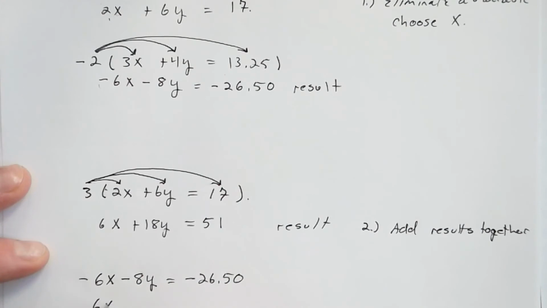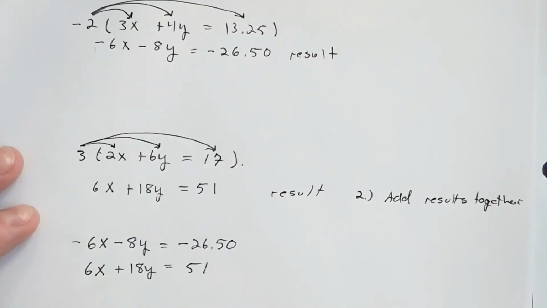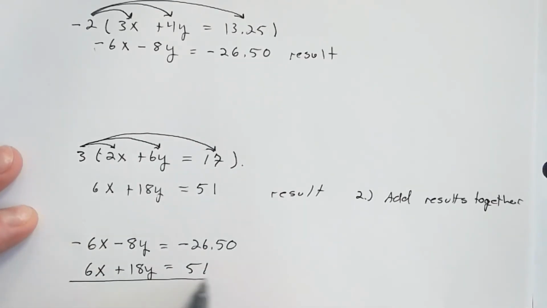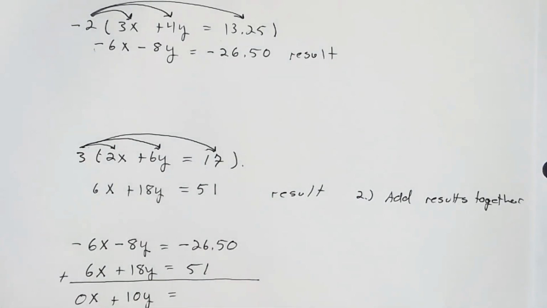We have positive 6x plus 18y is equal to 51. So when we add them together, we get 0x plus 10y, and that's equal to what?